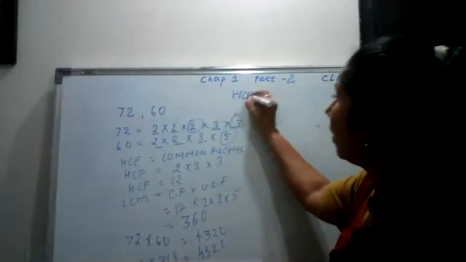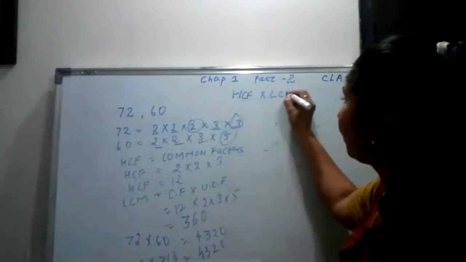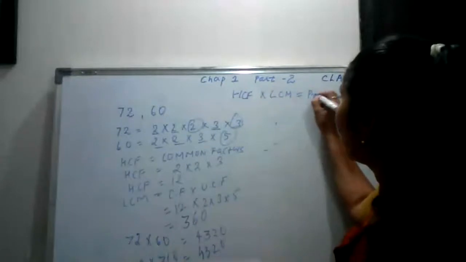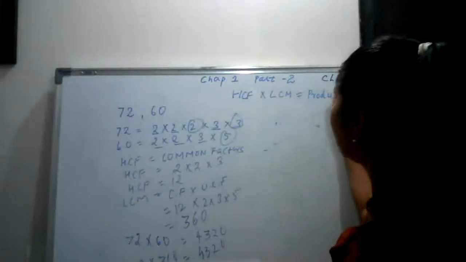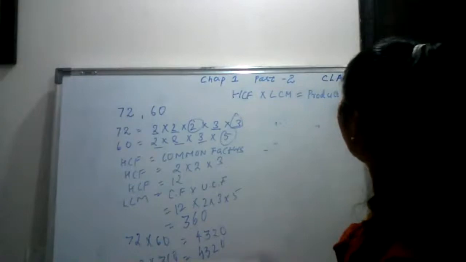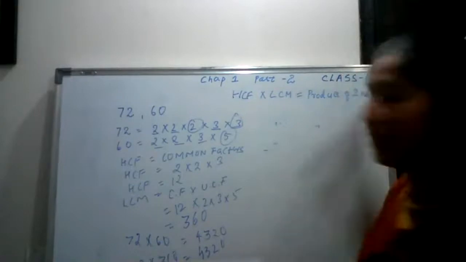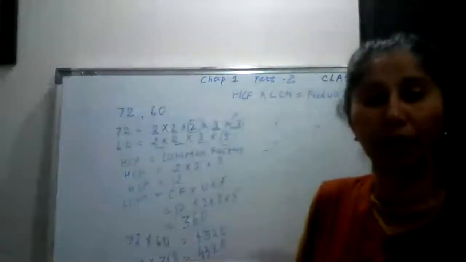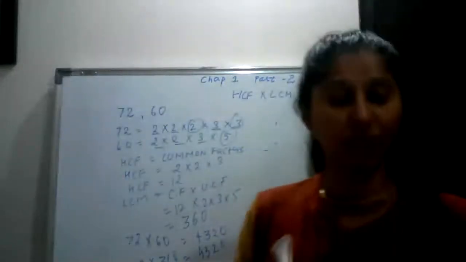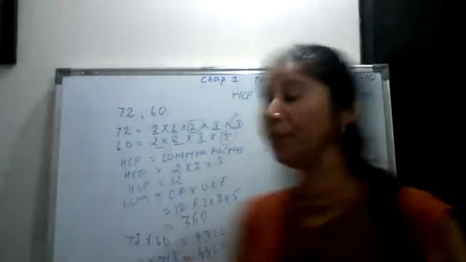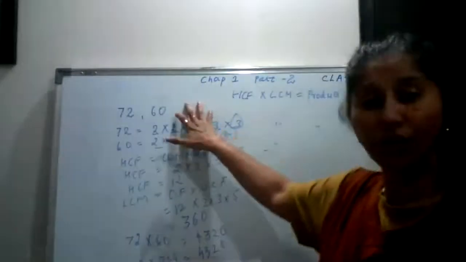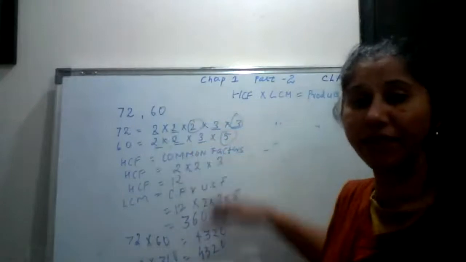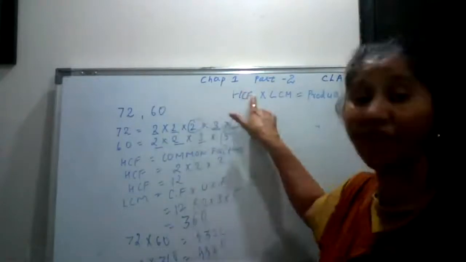HCF multiplied by LCM is equal to the product of two numbers. मतलब क्या कहता है कि when you multiply HCF and LCM, it will always be equal to the product of two numbers. So this is one of the common questions which comes in the exam. You are given two numbers, and they will say find HCF and LCM and verify this property.